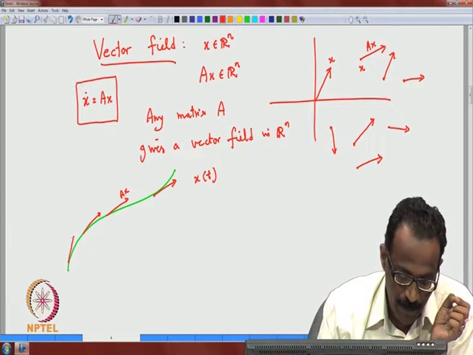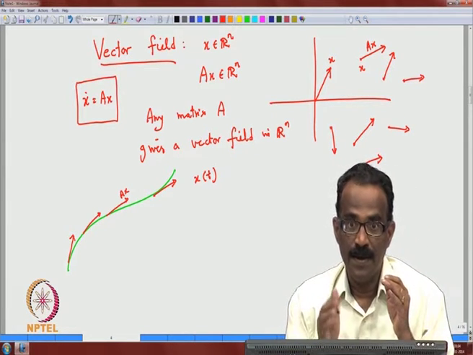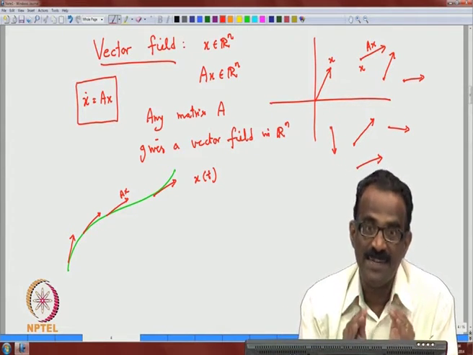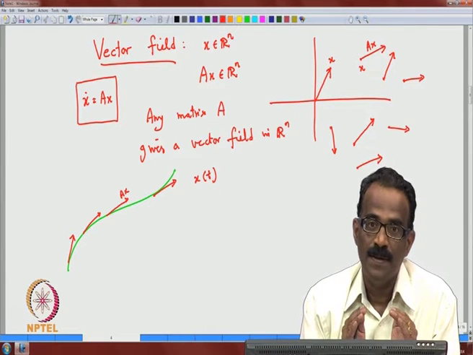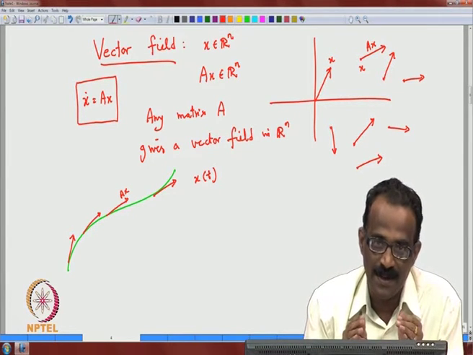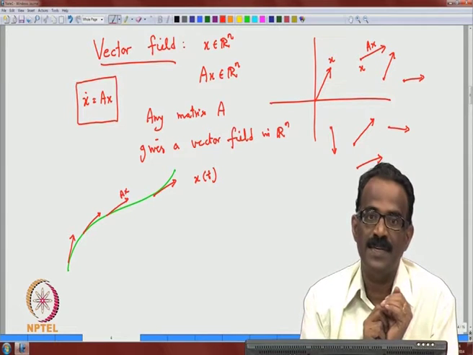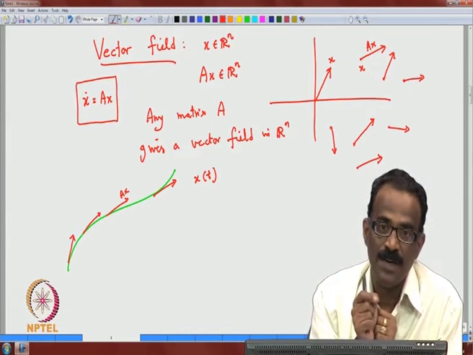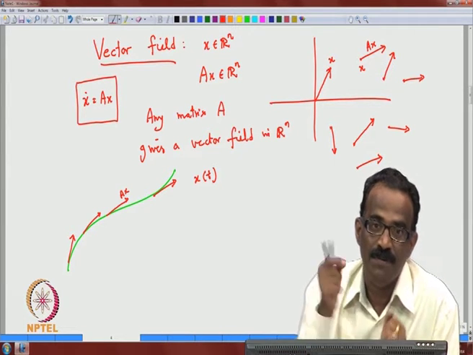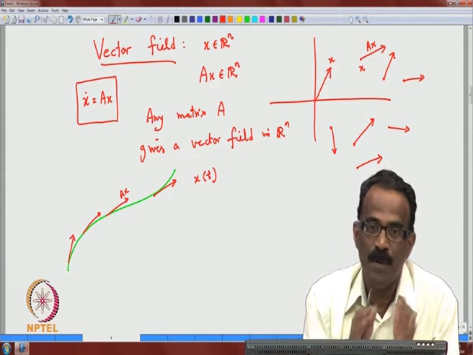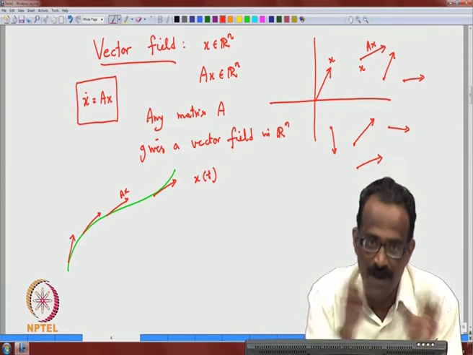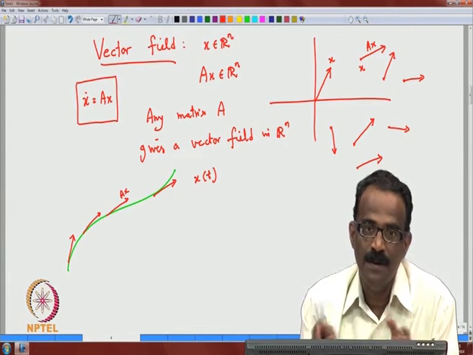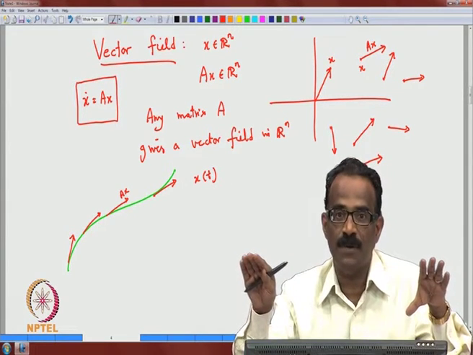So, that way a solution, a trajectory x(t), is a curve. At each point the tangent is given by the vector field. The moment A is given to you, you have a vector field given, vectors are associated with all of Rn.